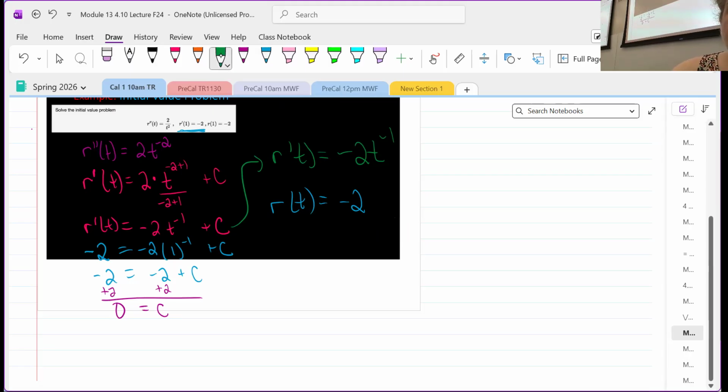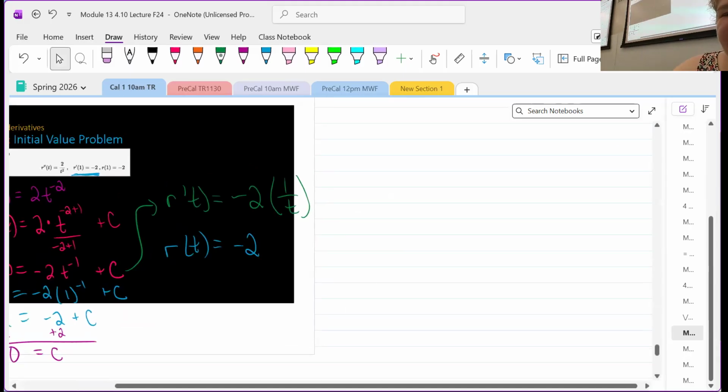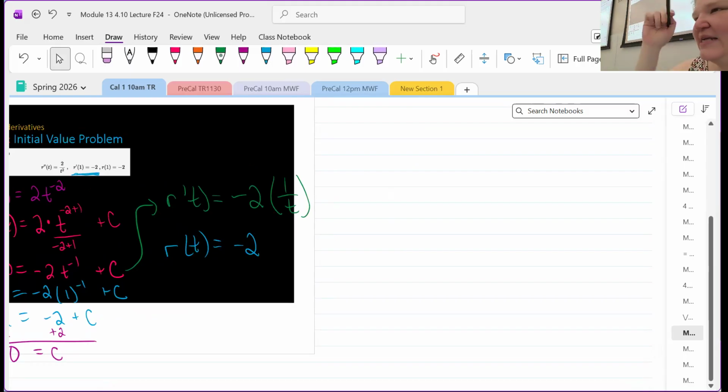So I'm going to come back to our function, and instead of t to the -1, I'm going to write it as 1 over t. So do we remember what function has the derivative 1 over t? Yep, natural log. So when our power rule antiderivative fails, it's the natural log.